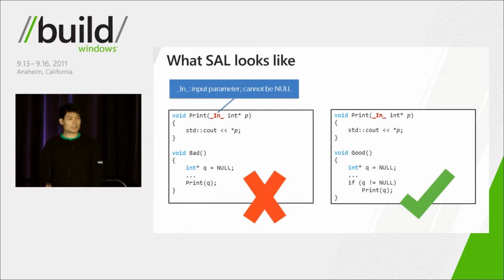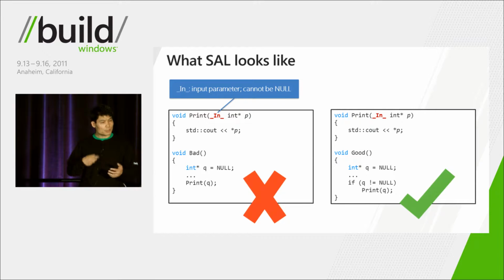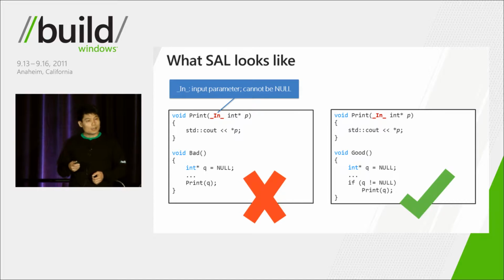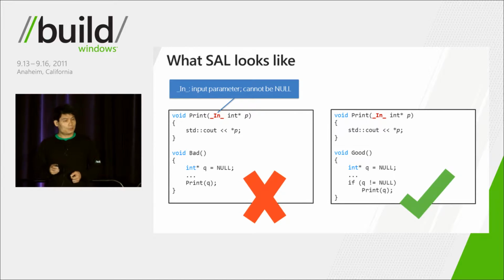Let's take a look at this example to see what SAL looks like. In function print, we have a single SAL annotation, in. What in declares is that parameter p is a pointer pointing to an input element. It has already been initialized by the caller, so it's ready to be read from inside the function. In addition, the input cannot be null.